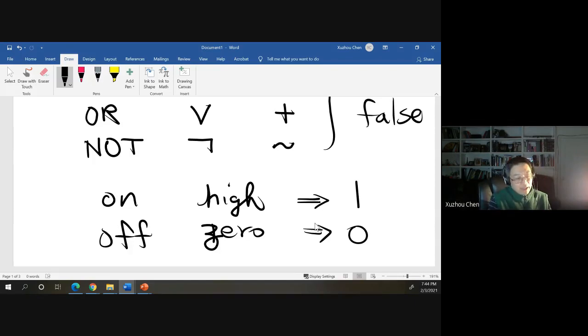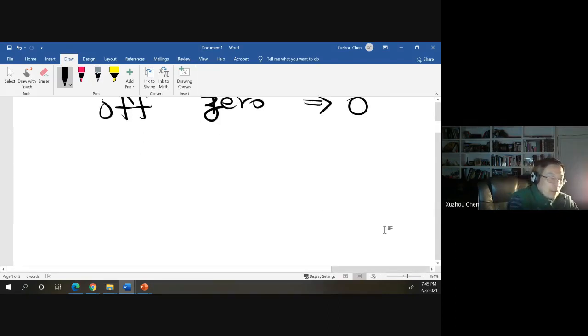So that's basically a little bit of history here. It says that we can create electronic devices to simulate Boolean algebra, and because we use 1 and 0, many times we call these devices digital circuits.